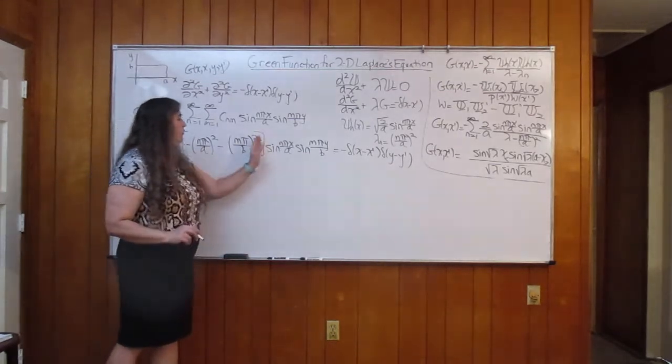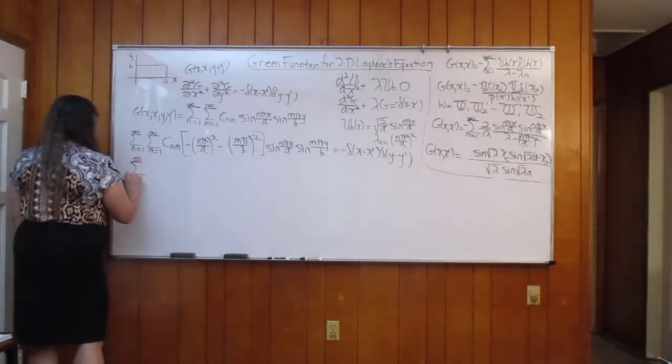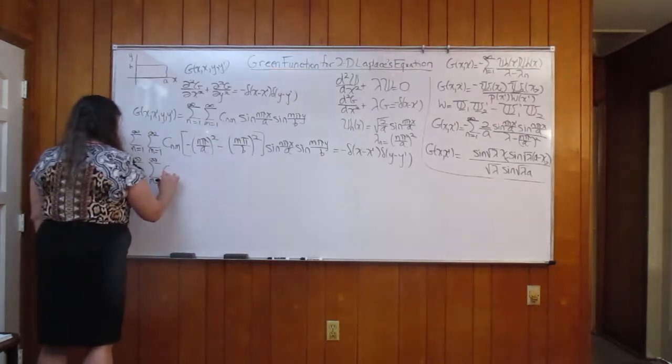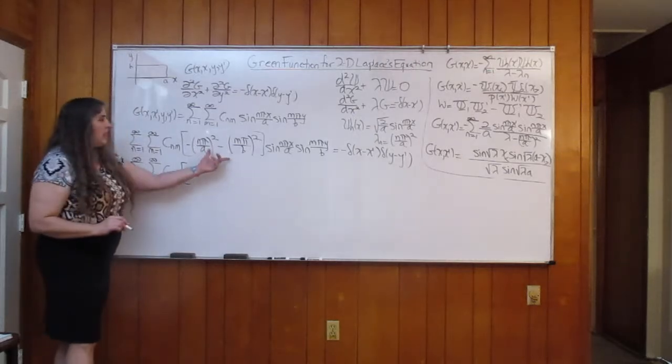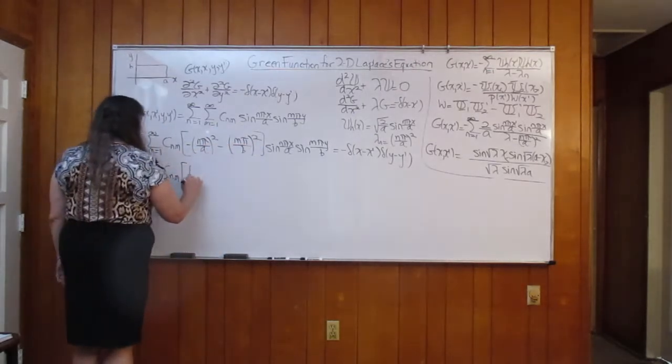I can pull the integral signs inside of the summation. And one other thing you want to notice too, this has a minus sign and that has a minus sign, so let's get rid of those.